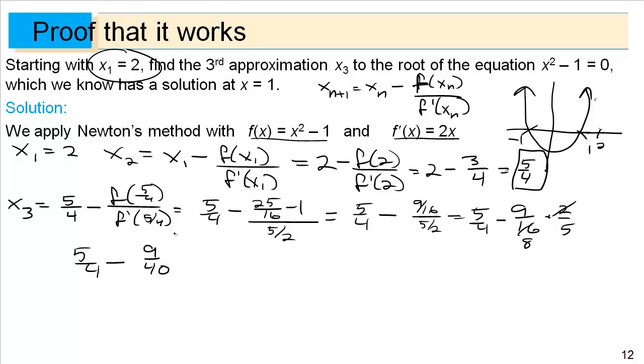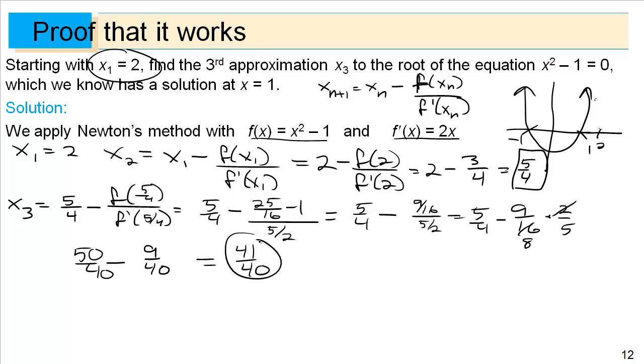Well, 5/4 is the same thing as 50/40 minus 9 of them, right? It becomes 41/40, and you can already see that we're only 1/40 off from 1, right?